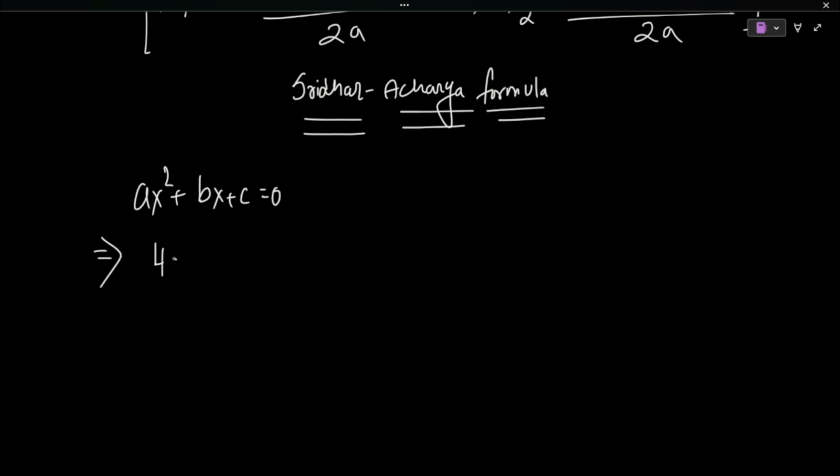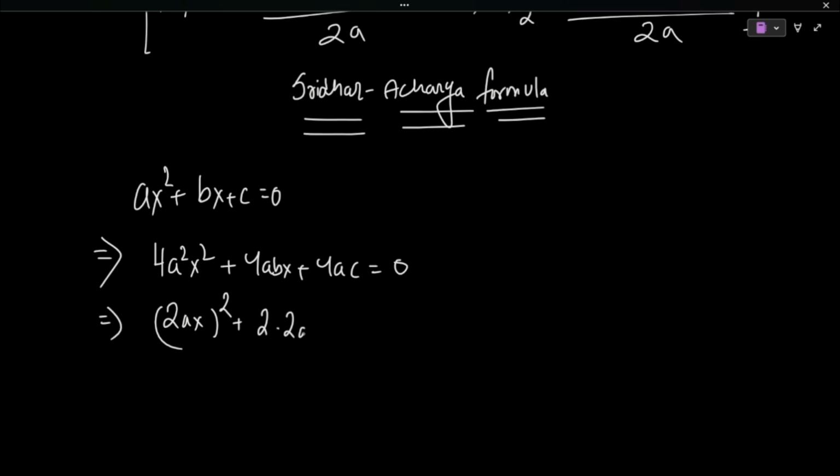You simply multiply 4a to both sides, and this makes 4a square x square plus 4abx plus 4ac equals 0, correct? Now, this is a very typical technique of completing the square. Therefore, the first term you can see is 2ax whole squared. You can write the second term as 2 times 2ax, and what's left is a b. So you write into b, and this is the 2ab form.